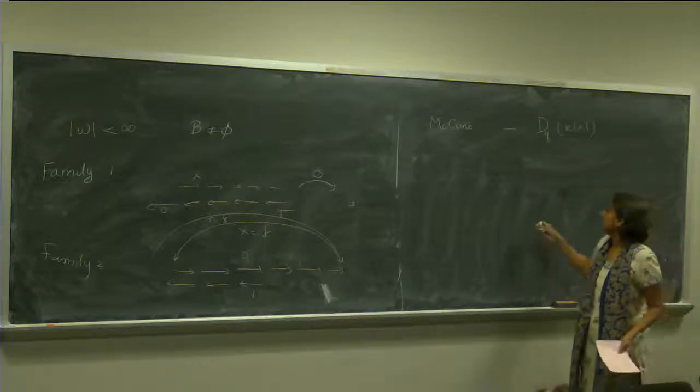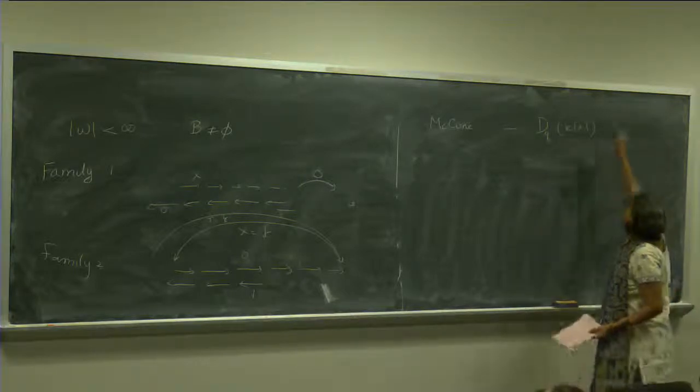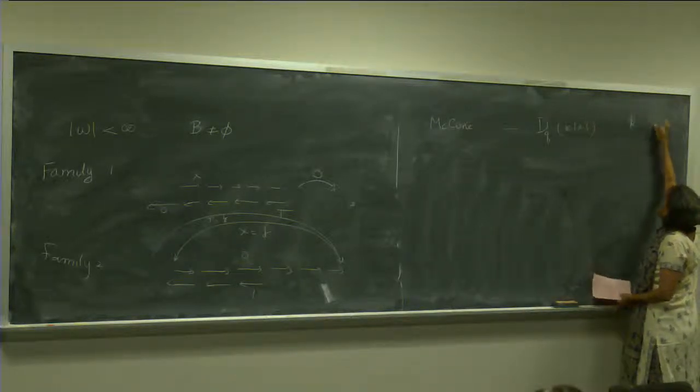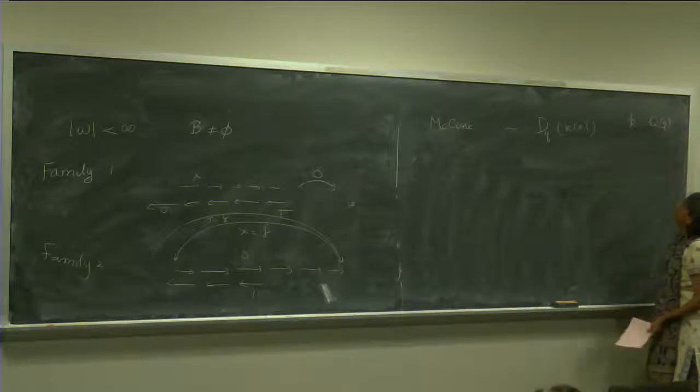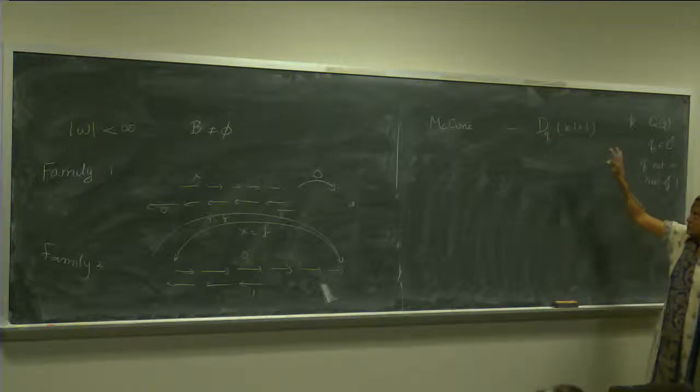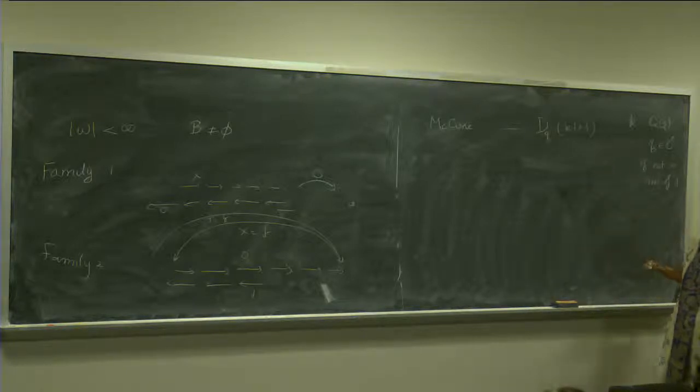K is a field over the rationals. Q is some non-zero complex number, Q not a root of unity. Given this setup, McCune and I had constructed the algebra of quantum differential operators.